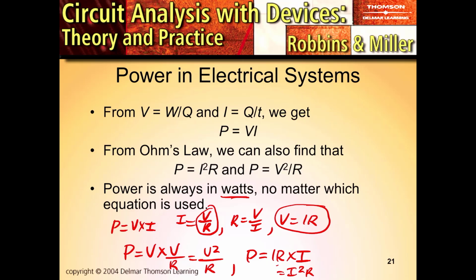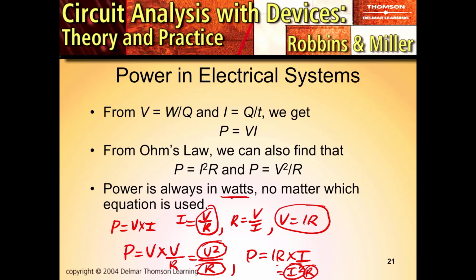As long as you're using whole units of volts and whole units of amps, you'll get whole units of watts. If we look down here, whole units of volts divided by whole units of ohms gives you watts. Here, of course, whole units of amps multiplied by whole units of ohms gives you whole units of watts.